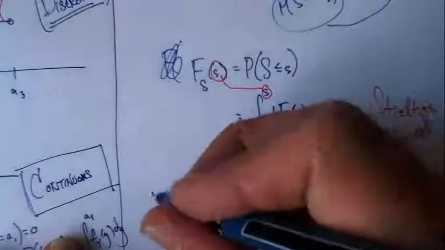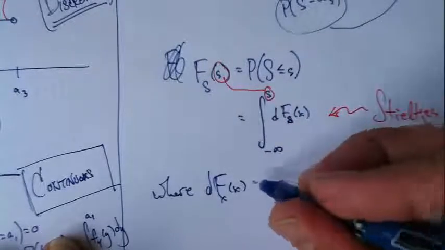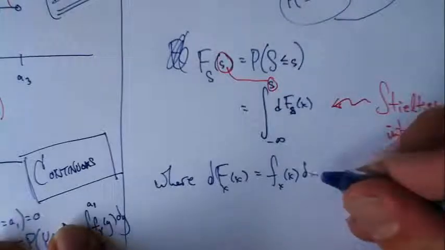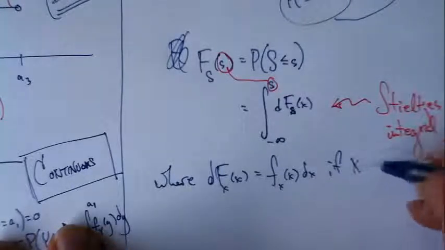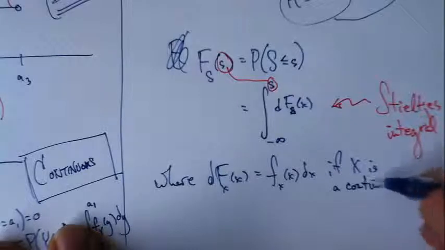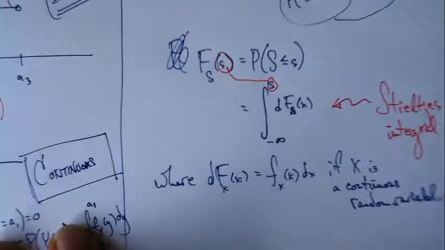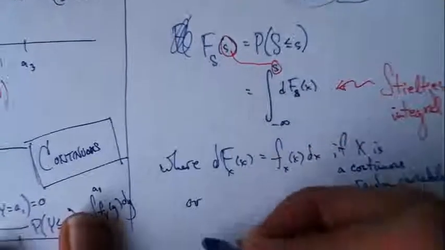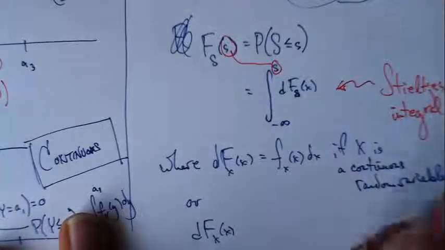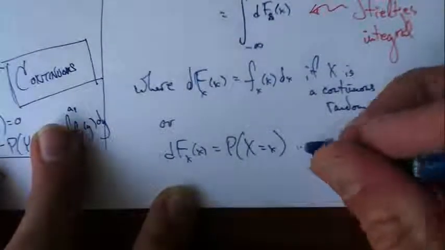That is, dF sub X of x, you can think of it as f sub X of x, the density function, times dx, if X is a continuous random variable, or if you're at a discrete part, dF sub X of x is the probability that the random variable takes on the value of x, if discrete.